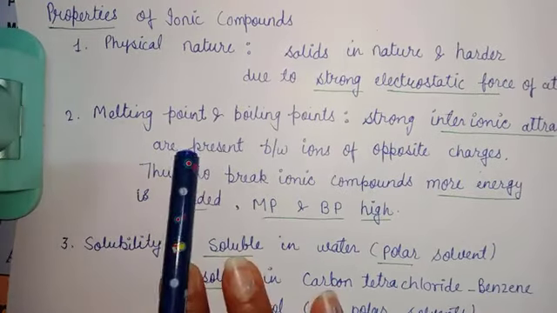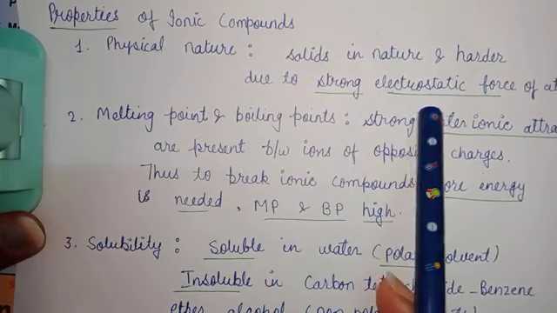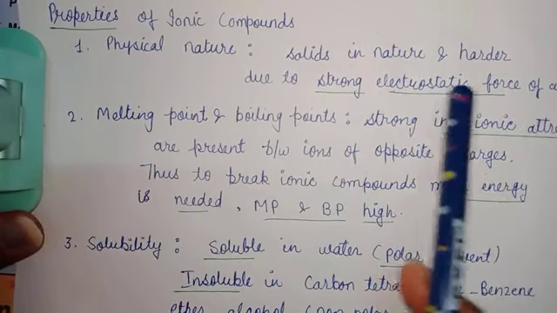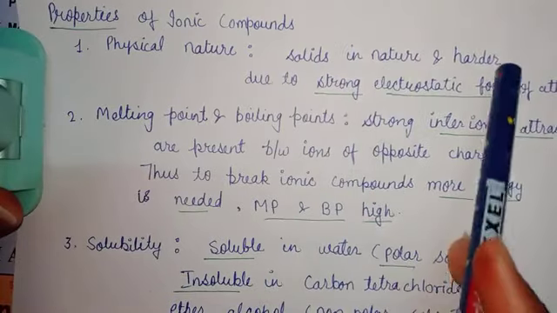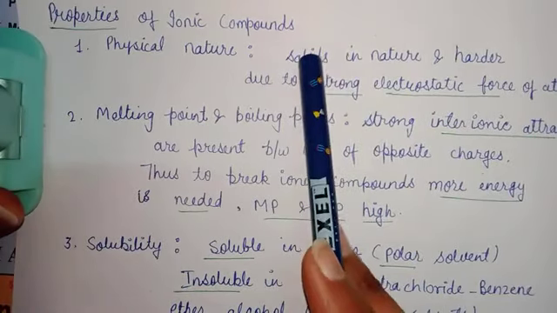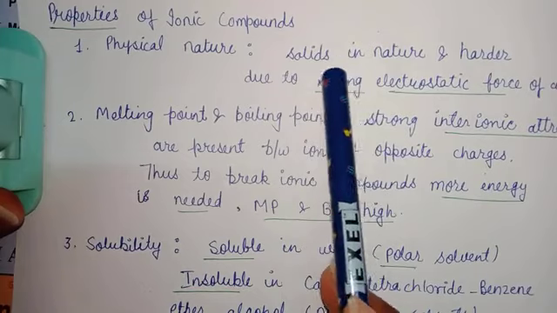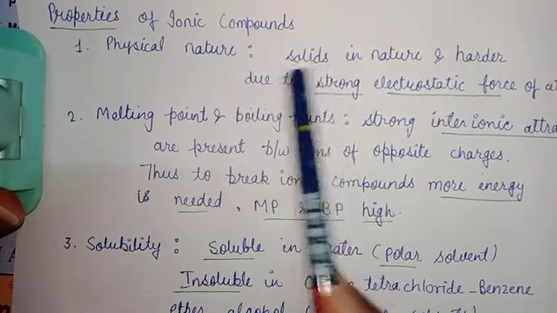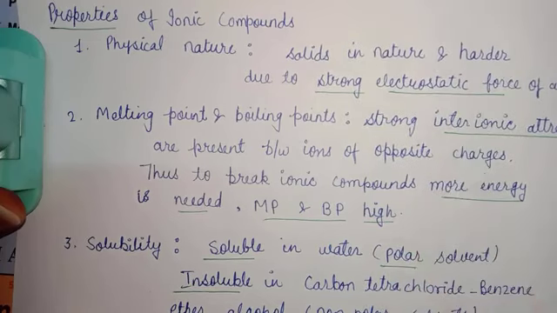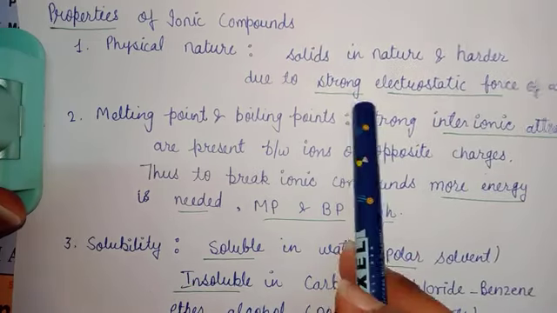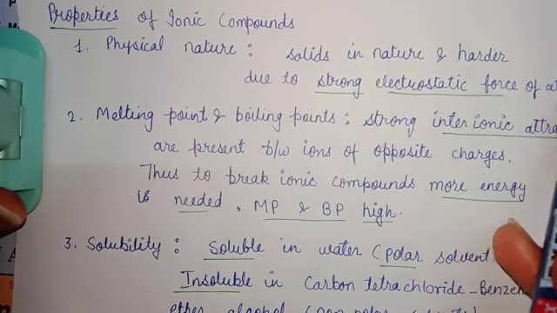Because they have a strong electrostatic force of attraction, that's why in physical nature they are harder and solid in nature. They are solid in nature and harder on the outer surface due to strong electrostatic force of attraction.